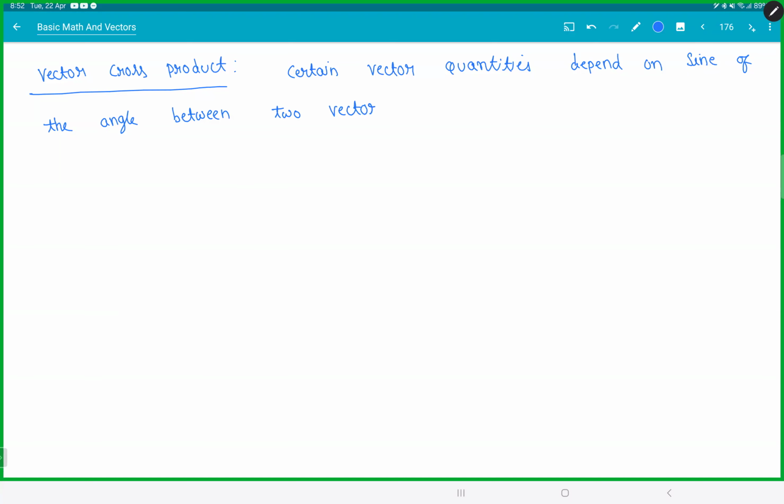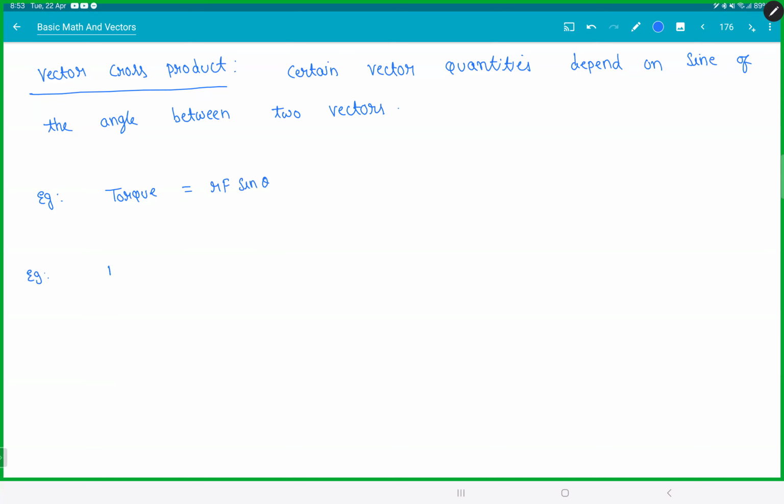So people noticed these kind of things are repetitive. So this is the format. For example, if you take something like torque, which I'm sure you studied in school, torque is given by R into F into sine theta.